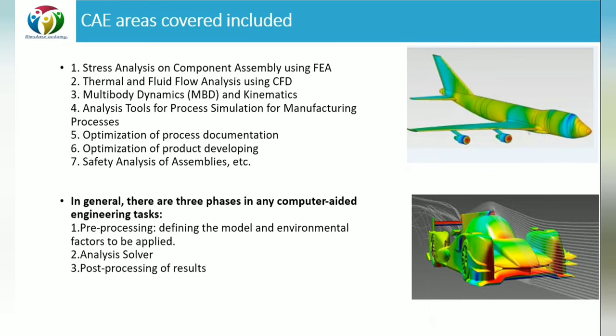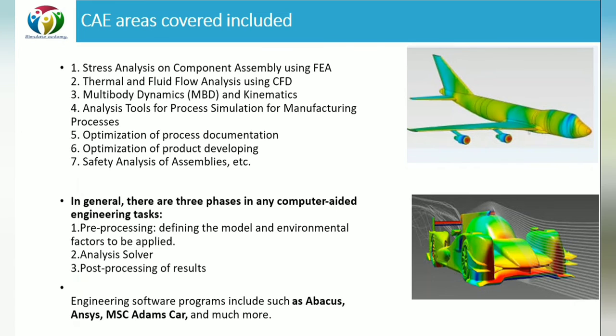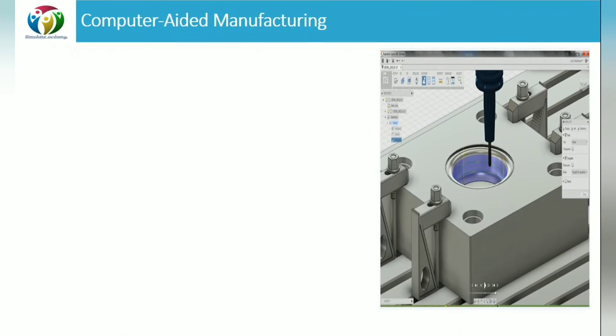First, pre-processing, that is, defining the model and environmental factors to be applied. Second, the analysis solver. Third is post-processing of results. Engineering software programs include Abaqus, ANSYS, MSC, Adams-Car, and much more.